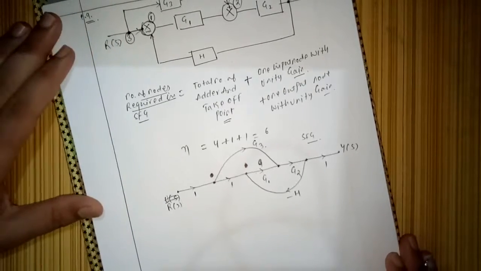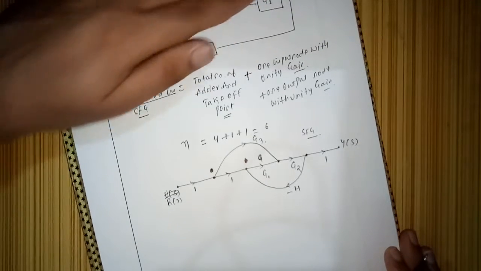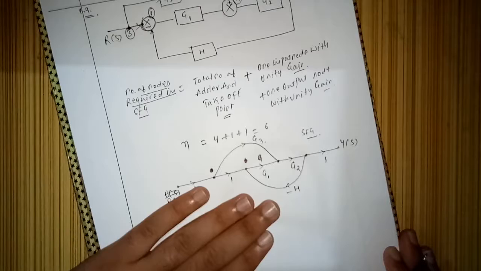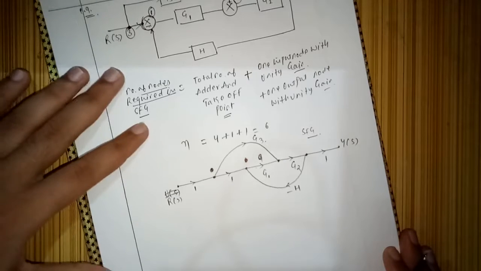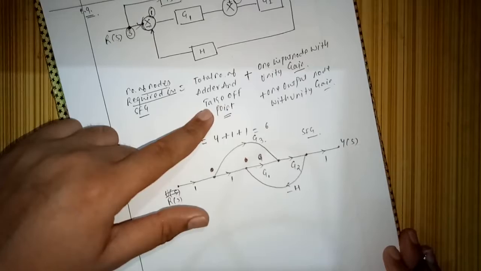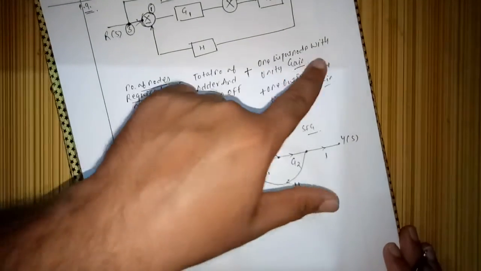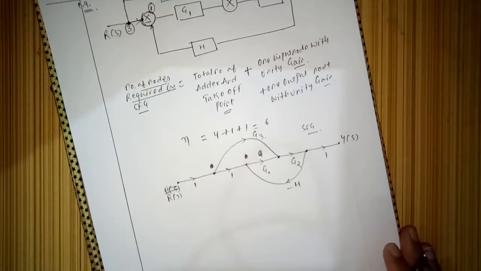So whenever we are asked to find the transfer function, we can even use the block diagram reduction technique, or we can use a signal flow graph. How we can use signal flow graph, that we will see very soon. Right, and this thing is very important. Number of nodes required in a signal flow graph: total number of adders and takeoff points plus one input node with unity gain plus one output node with unity gain.